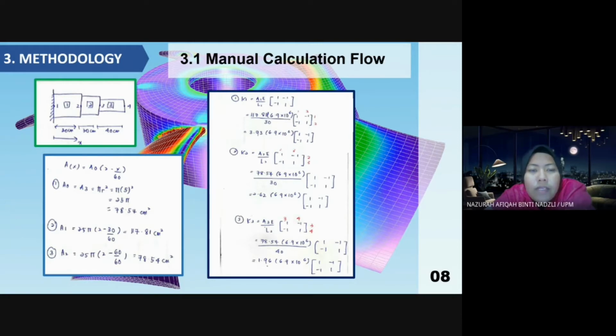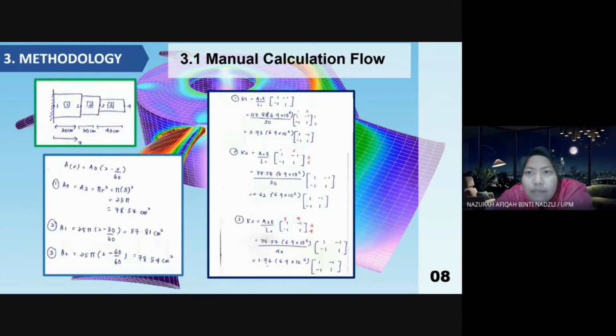So for the cross section shape, which is the circle, we use the formula for the circle shape, which is pi r squared. Then we calculate the K1, K2, and K3 from the formula, which is AE over L, and the matrix is 2 by 2.